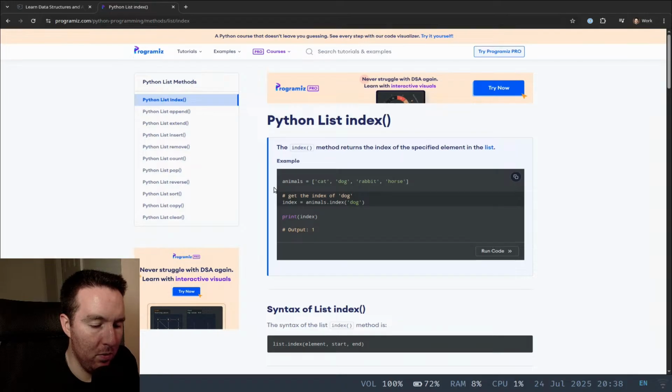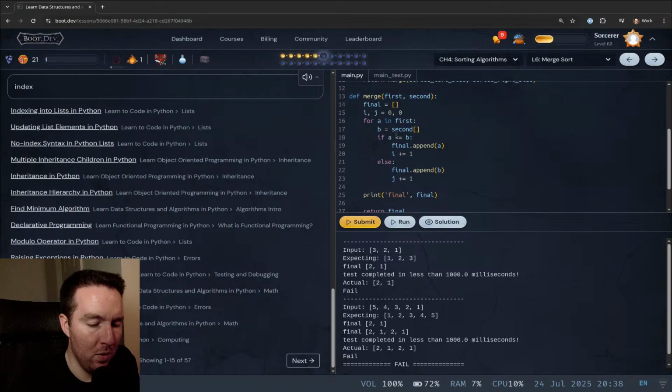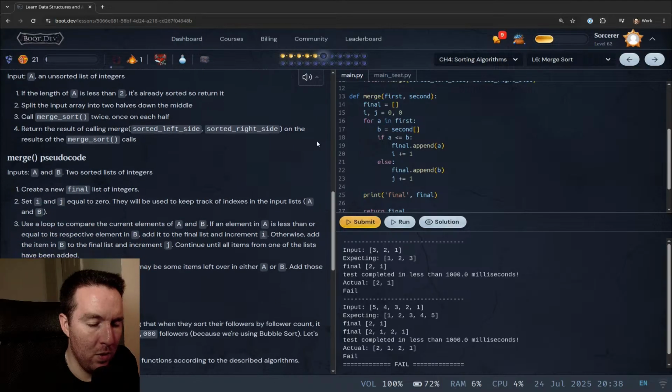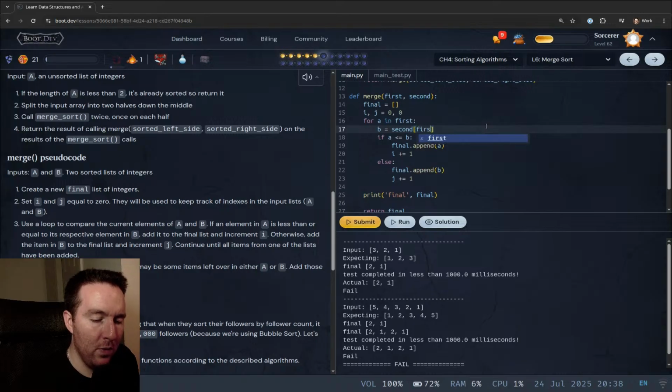Index. So it's going to be first, wait, how'd it go again?